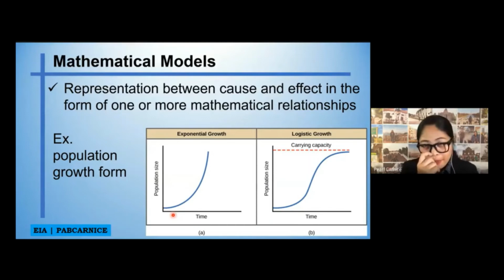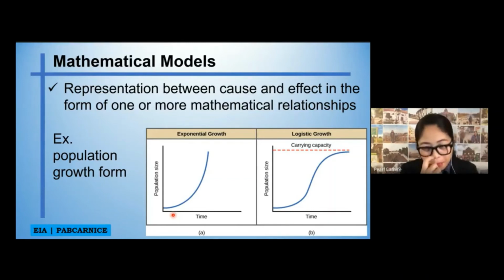So, I am talking now not about the EIA preparation per se, but about how you can use mathematical models. Let us say you want to calculate how many months it would take you to extract a certain mineral in a specific area. You can do a mathematical model of that.